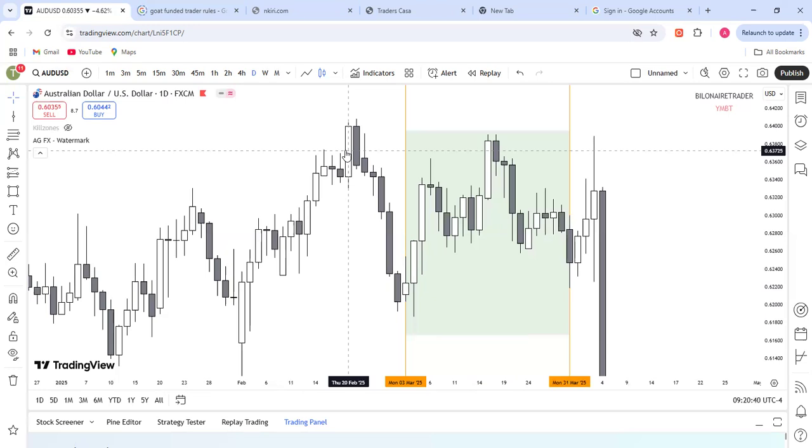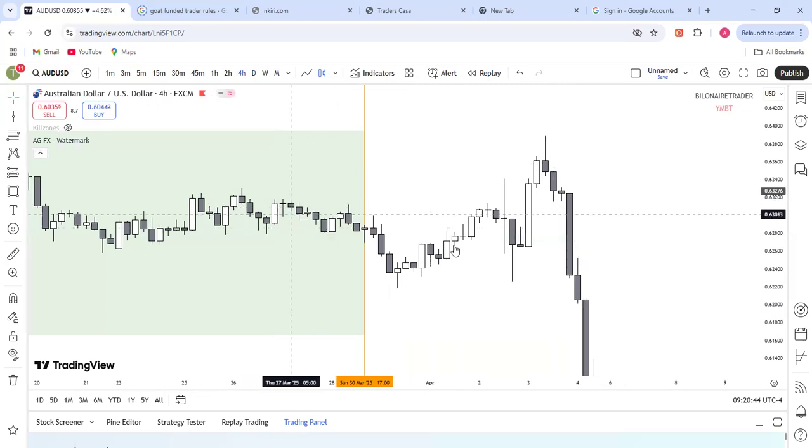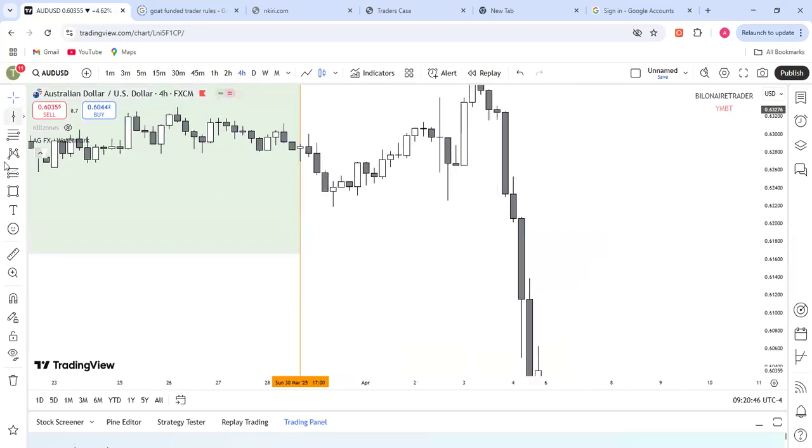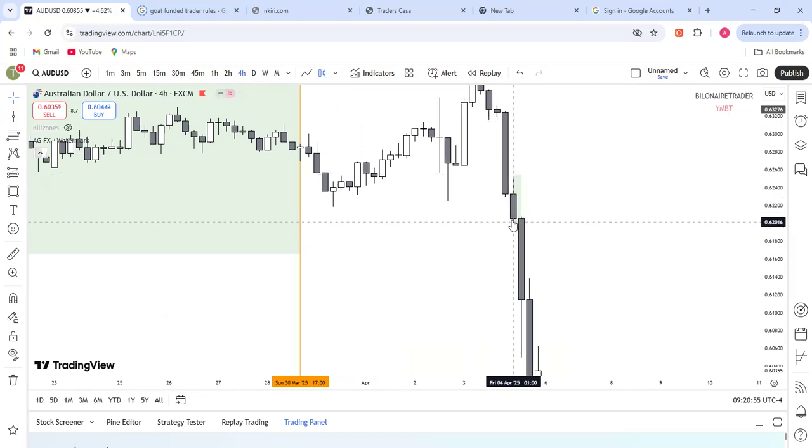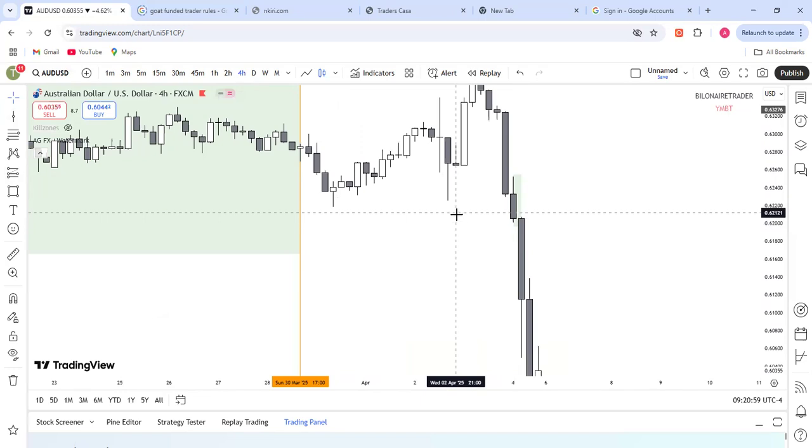If you come to the 4 hours, let's just pick any random candle, let's say we pick this candle here now. This candle we are picking forms every 4 hours. If you go to the 2 hours, every candle you see there forms every 2 hours. If you go to 1 hour, every candle there forms every 1 hour.